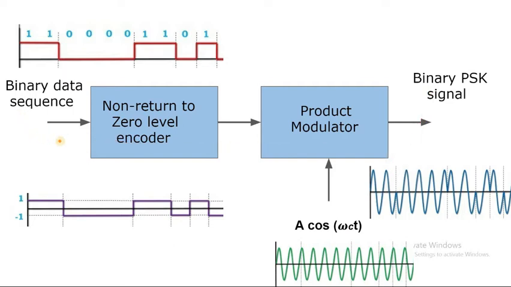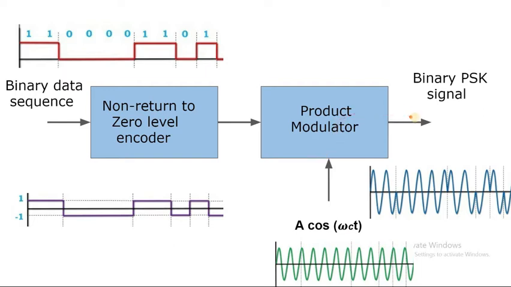When the input bit is 0, the output of the bipolar NRZ is a negative constant voltage, say minus 1 volt, which is multiplied with the carrier A cos omega c t in the product modulator.